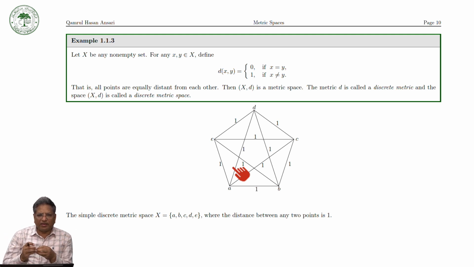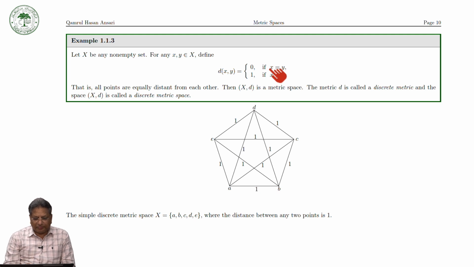If they are the same, then the distance is 0. That's all. This is our way to define the distance between any two elements in a non-empty set.